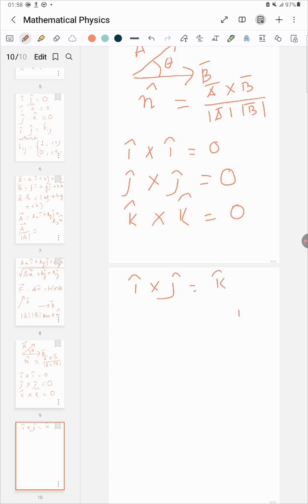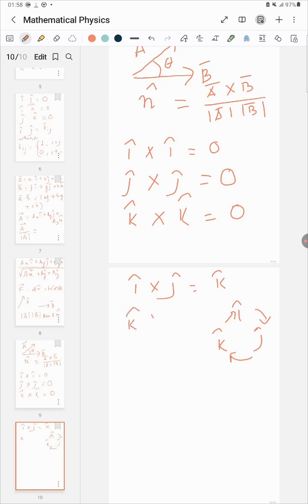How? Consider i cap, j cap and k cap in a cyclic way. These arrows basically show whether your answer would be positive or negative. As you move along with the arrow, your answer would always be positive. That is, i cap cross j cap would always give plus k cap.